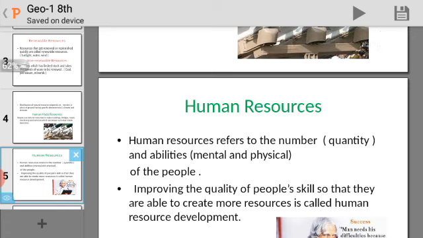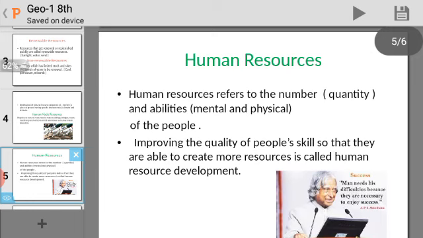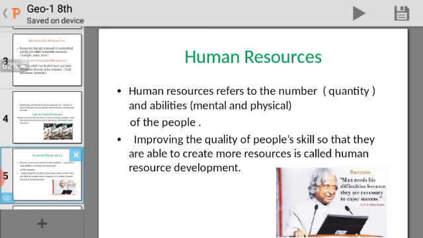Now, the next point is human resources. Human resources in the sense, here we consider humans themselves as resources on the basis of their number, in the sense the quantity, and their abilities. The ability may be mental or physical.